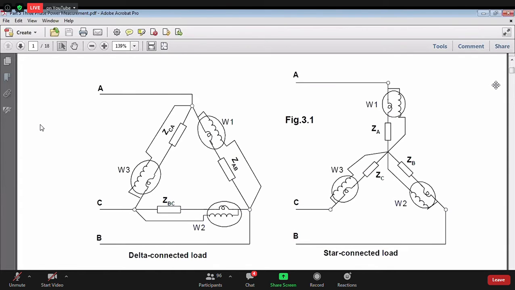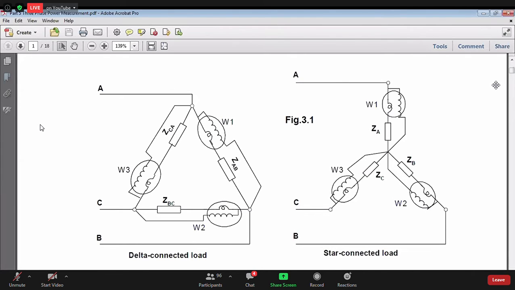Delta connected load. If I have to measure the power of A phase, look at wattmeter 1, W1, on the left side. The potential coil is connected across the two terminals of the A phase, so the potential coil of W1 will measure the phase voltage of A. Then the current coil is in series with A phase, so it will measure the current of the A phase.